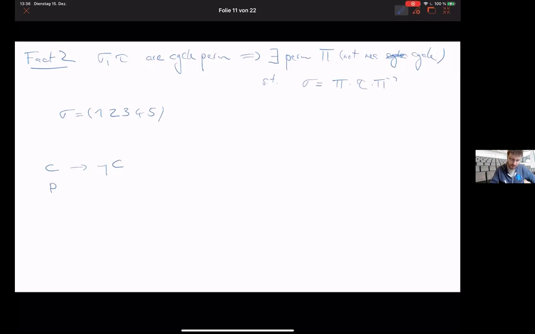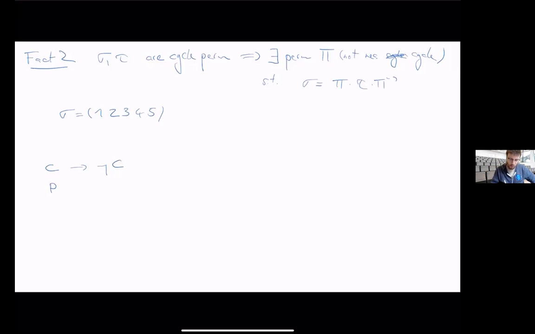This circuit C corresponds to a branching program P. If P computes C, what do I have to do to compute not C? Any ideas? What could I do with this branching program?